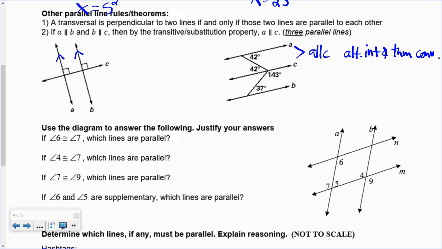A lot of words there. I know. Why would C and B, just the last two, be parallel? They're consecutive interior. Oh yeah, that's the consecutive interior angle theorem converse.